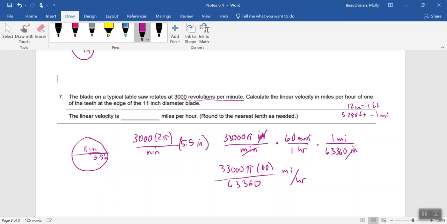So throw it in the calculator. Remember to put parentheses around the numerator, and you end up with 98.17 miles per hour. And we want to make sure that we round to the nearest tenth. So the nearest tenth would be 98.2.